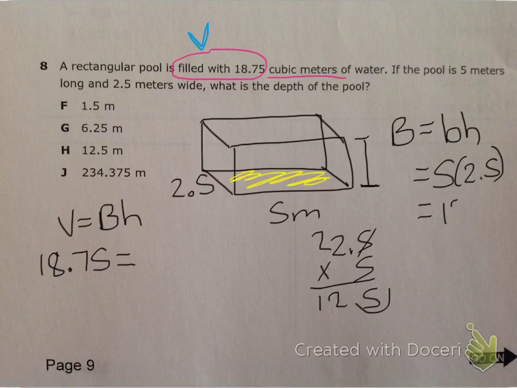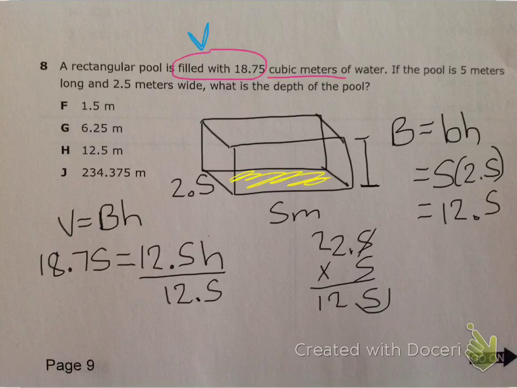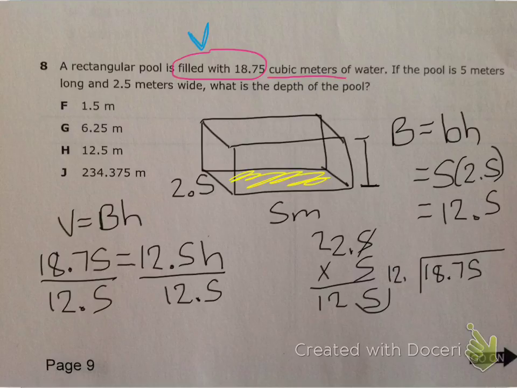Is 12.5. So I'll plug that in for big B. And we're looking for height. So 12.5 times the height would give us 18.75. So I need to divide by 12.5. So 18.75 divided by 12.5.